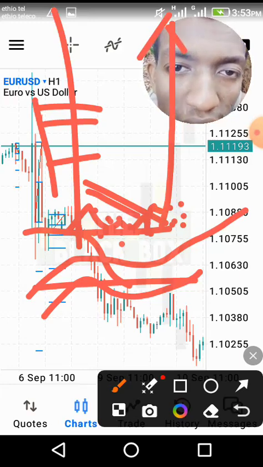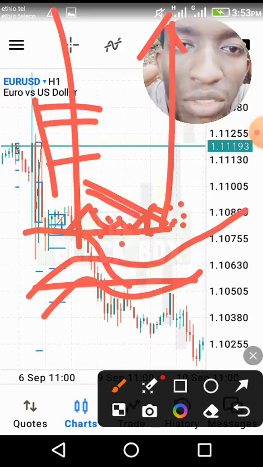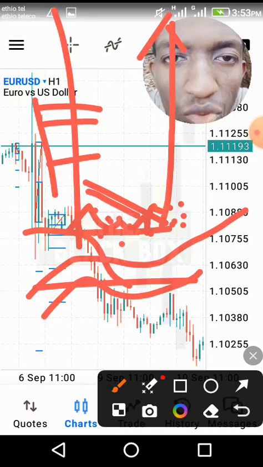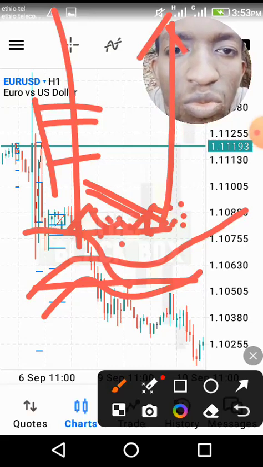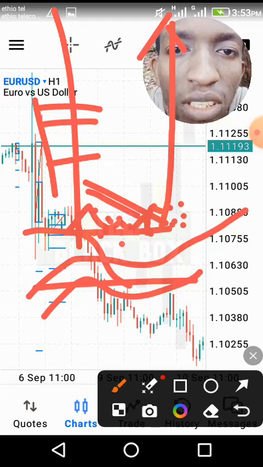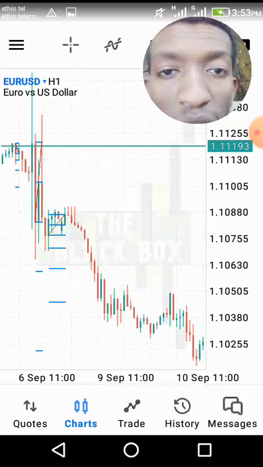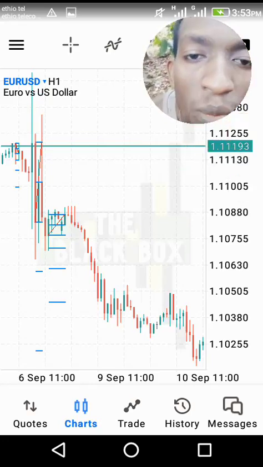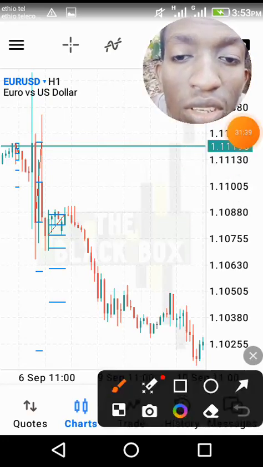The flag had a few manipulations, a few fake outs. That's the best word. The fake outs were few. I mean, a little. They were not a lot of fake outs.